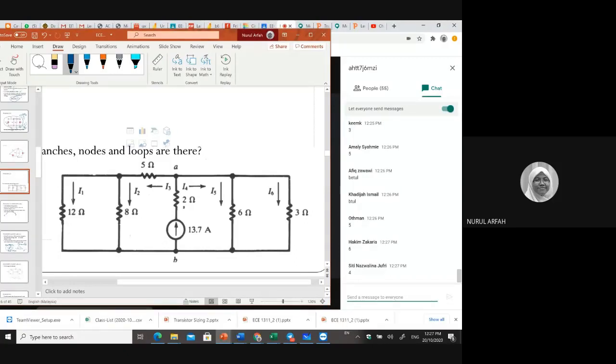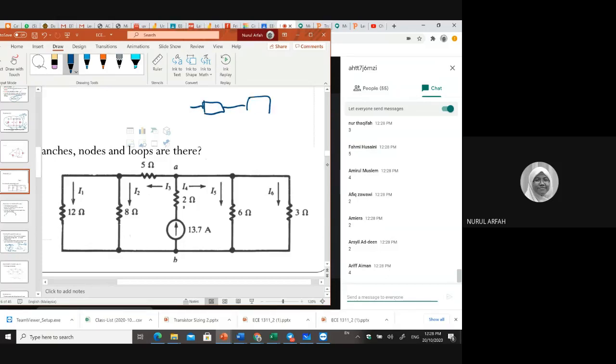Some say 4. Some say 5. Some say 3. Majority says 3. Okay, go back to your definition. What is a node?